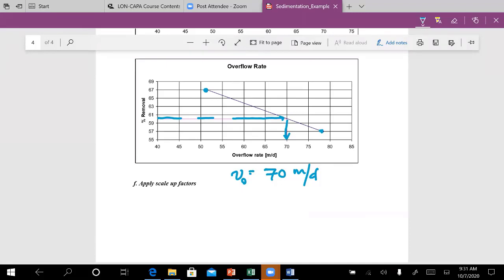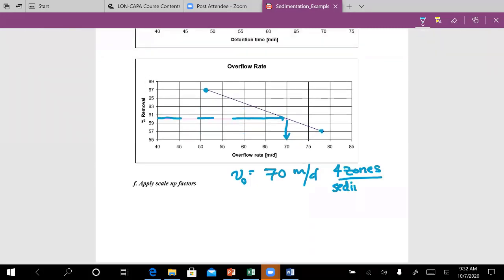Remember, what we have here is a column, and we're sampling. We talked about horizontal settling basins as having 4 zones. So what were those 4 zones? One is the sedimentation zone. Inlet, outlet, and sludge.